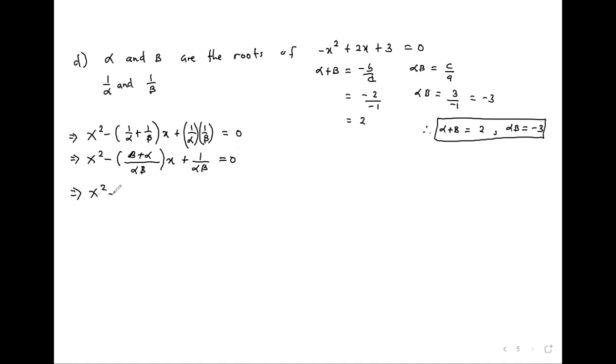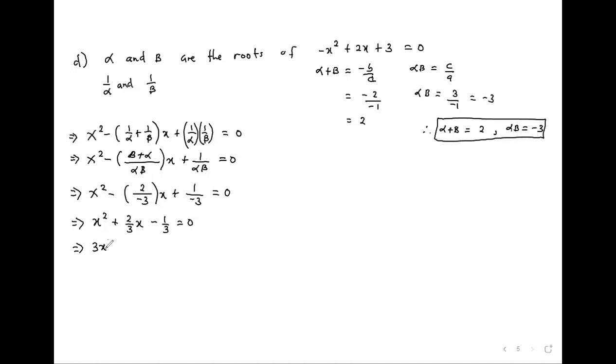Now we know alpha plus beta is 2, alpha beta is negative 3. So we get x squared plus 2 over 3 x minus 1 over 3 is 0.